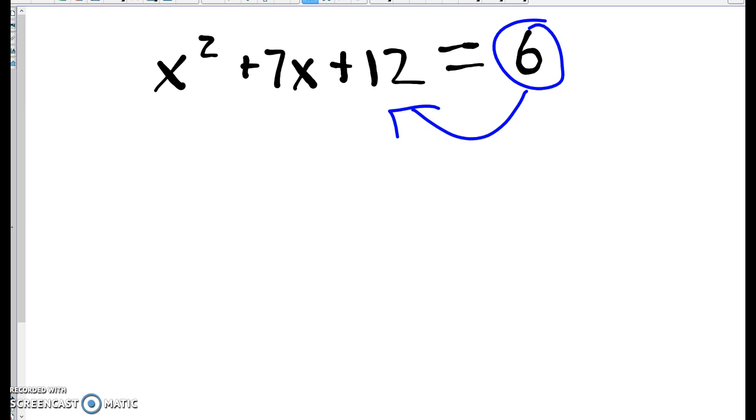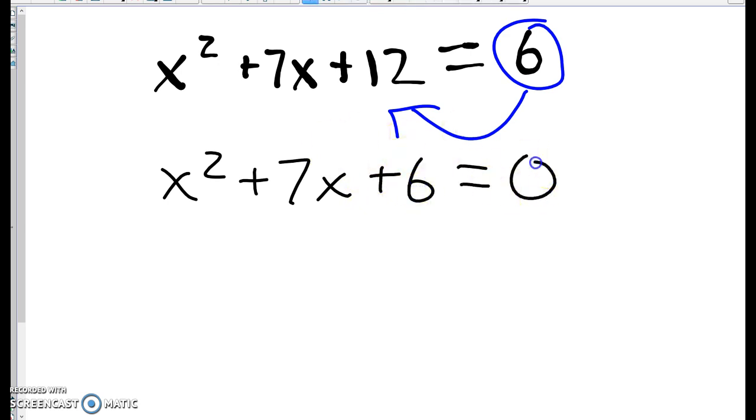So we're going to subtract 6 from both sides. And we get x squared plus 7x plus 6 equals 0, because 12 minus 6 is 6. And we do have two numbers that multiply together to be 6 and add together to be 7, which is 6 and 1.